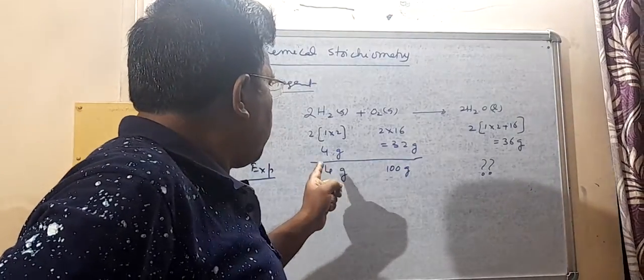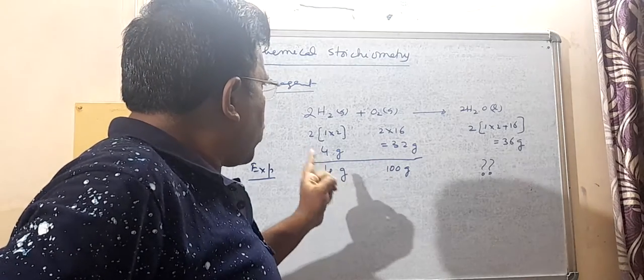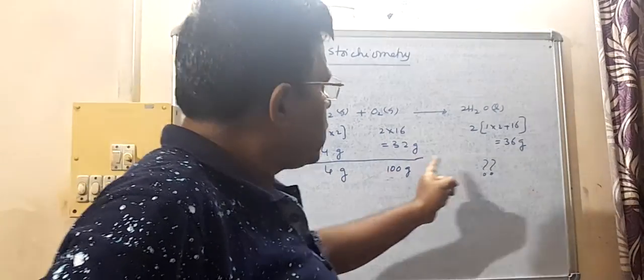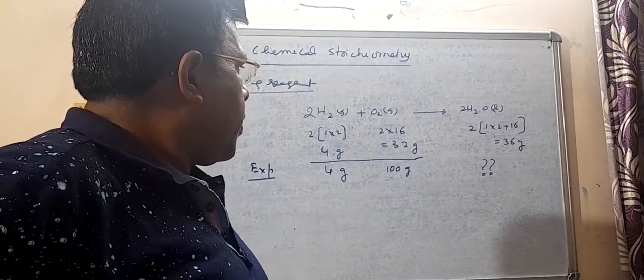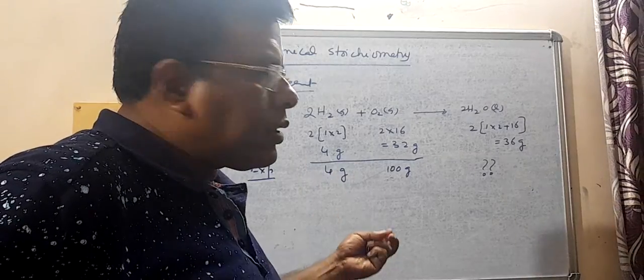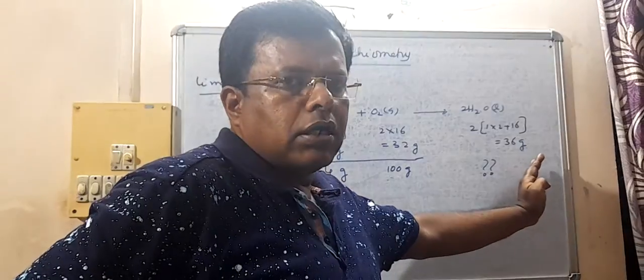So 4 grams of hydrogen will only react with 32 grams of oxygen and only 36 grams of water will be produced. So it is not like if we take oxygen in more amount, we get product in more amount.